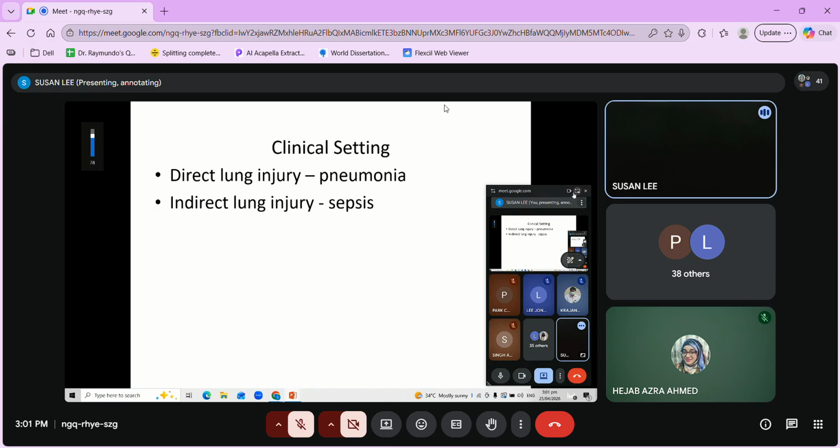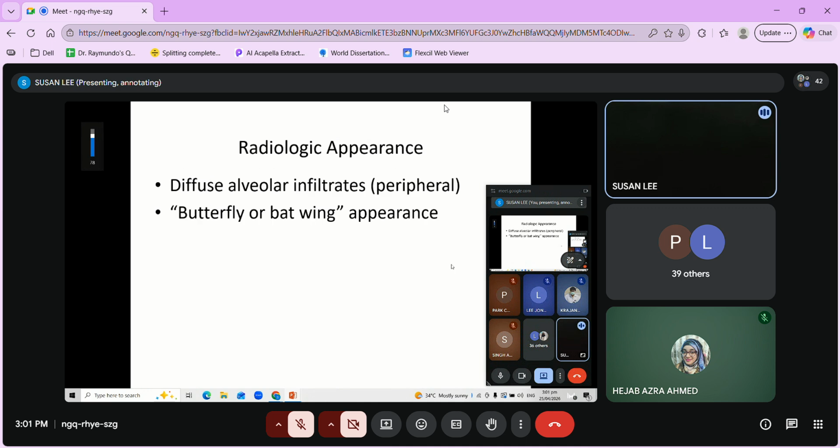The most common direct lung injury would be pneumonia, and the most common indirect lung injury would be sepsis. Radiographic appearance would be diffuse alveolar infiltrates, more in the periphery. That's why we say this is the butterfly or bat wing appearance of the X-ray.